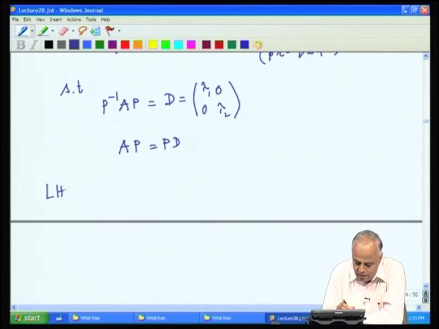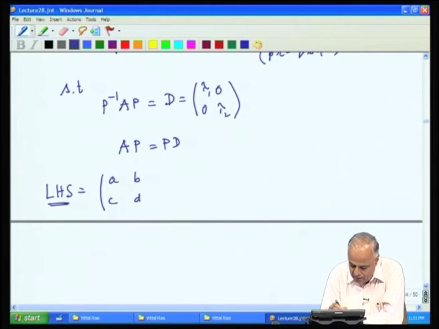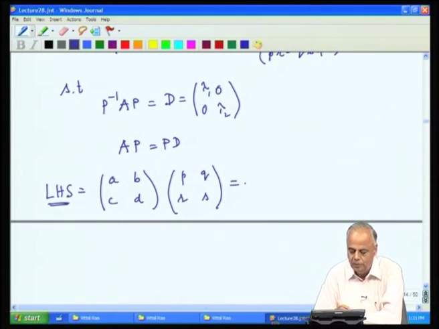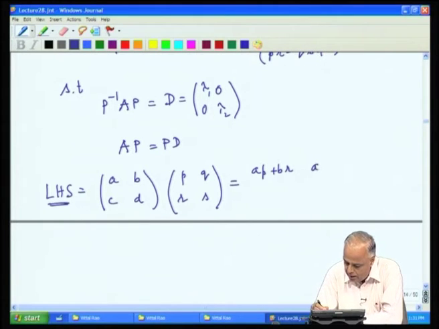Left hand side, A is A, B, C, D, P is P, Q, R, S, which is equal to A P plus B R, A Q plus B S, C P plus D R, C Q plus D S.